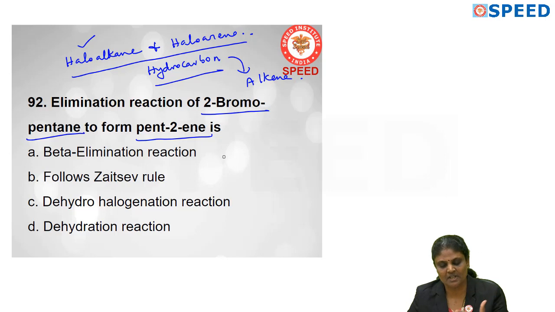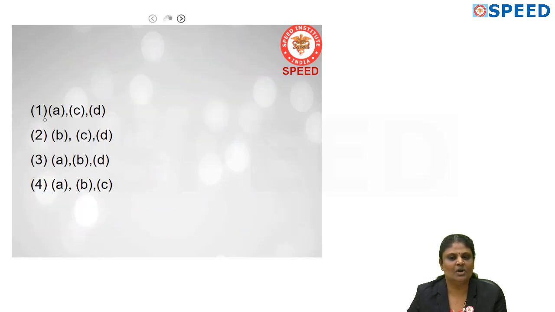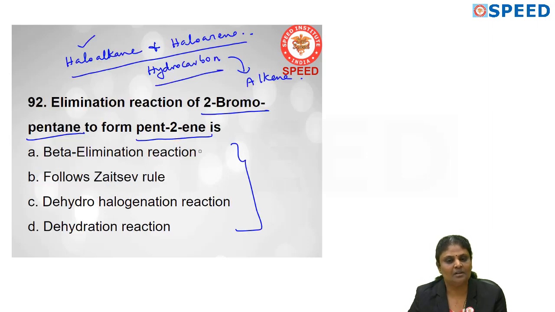You have to choose three from these four. The options are A, C, D; B, C, D; A, B, D; and A, B, C. The first is the beta elimination reaction, then it follows Zaitsev rule and the dehydrohalogenation reaction.